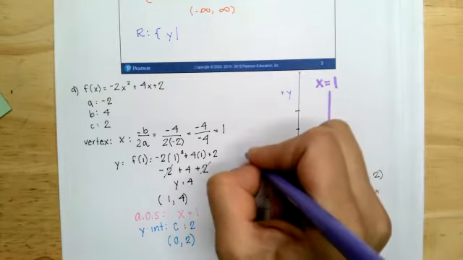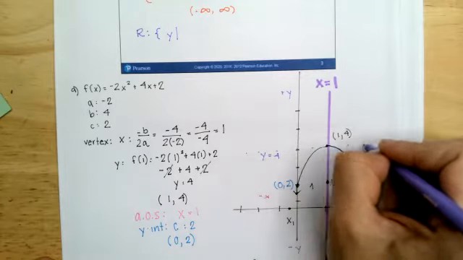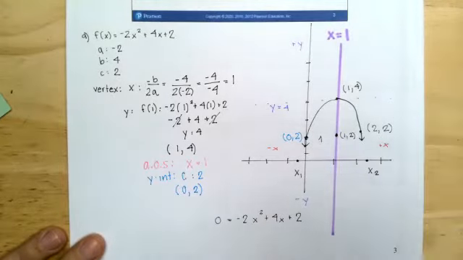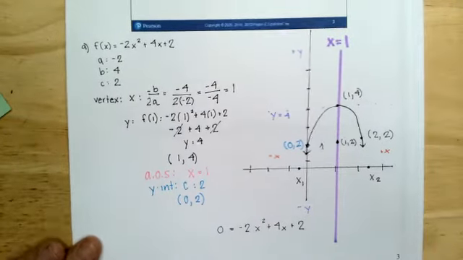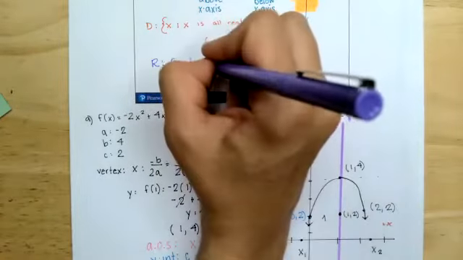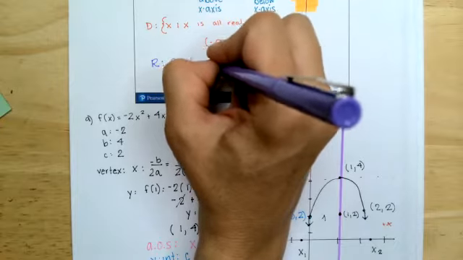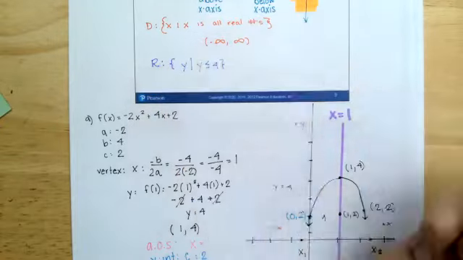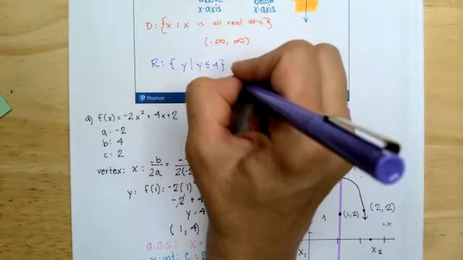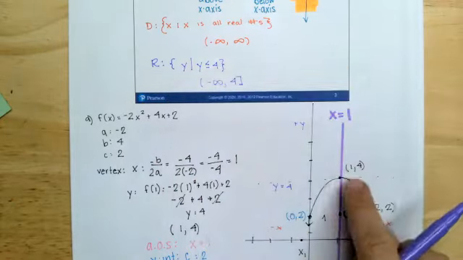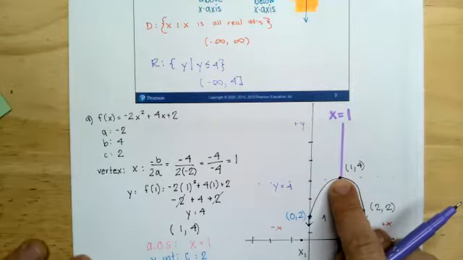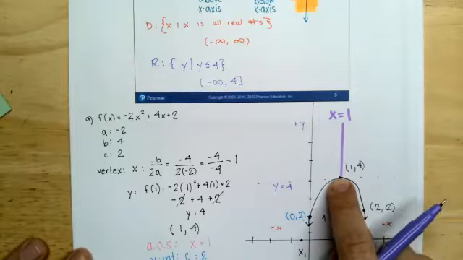It's not going above y equals 4, but it does go below 4 forever. So y such that y is less than or equal to 4, or from negative infinity to 4 included, because that is the vertex. That is a point on the graph.